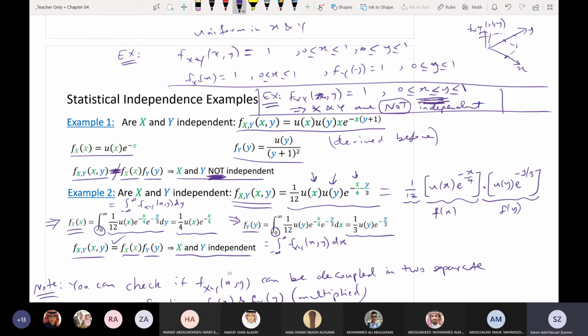Guys, is the idea clear? What is the difference between the first and second example? The PDF is of course different, because here x and y are interrelated. They have a relationship with each other. I think in the second example, because x and y have a relationship. Exactly.